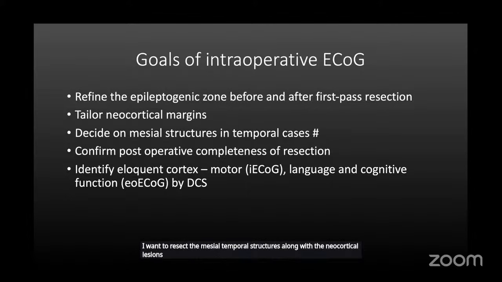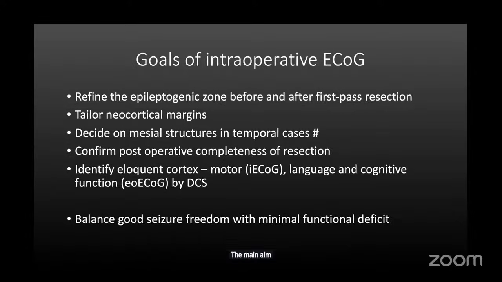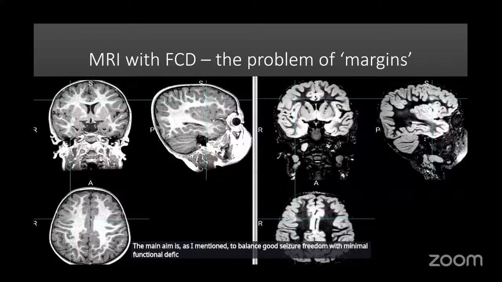ECOG can help in these situations. It also confirms the completeness of resection, and finally helps identify eloquent cortex, whether motor cortex or language and cognitive functions, by extraoperative ECOG with direct cortical stimulation. The main aim is to balance good seizure freedom with minimal functional deficit in all cases.